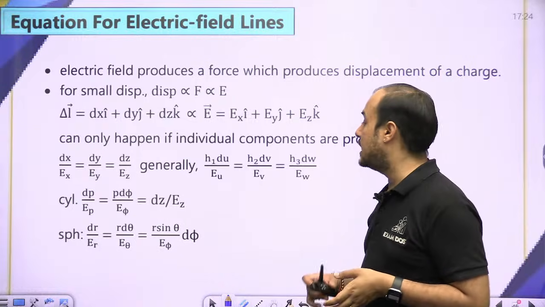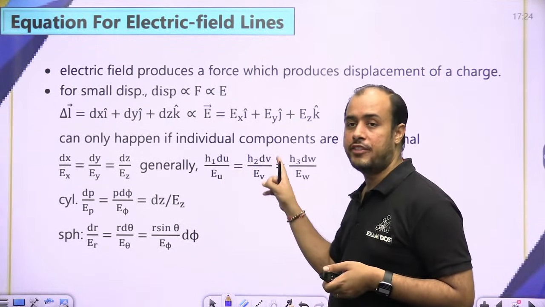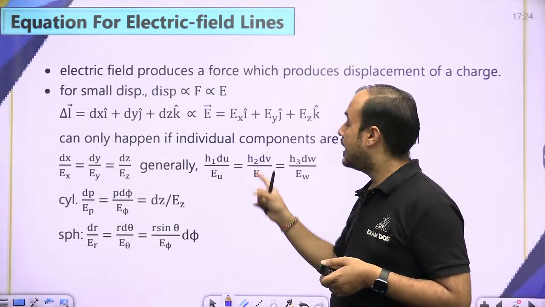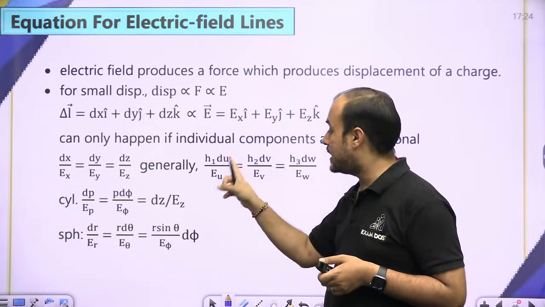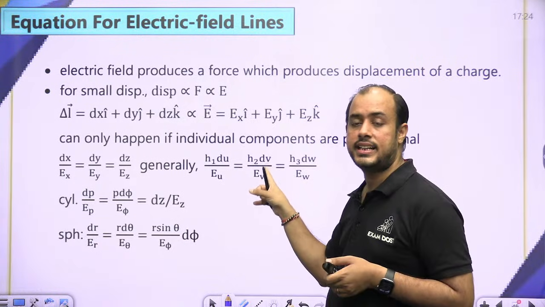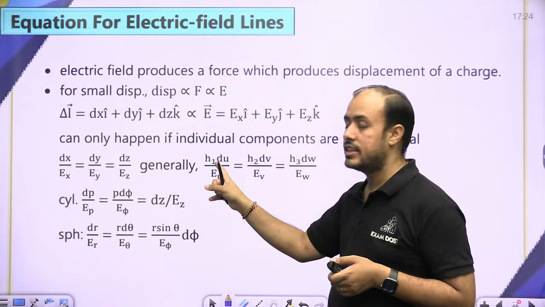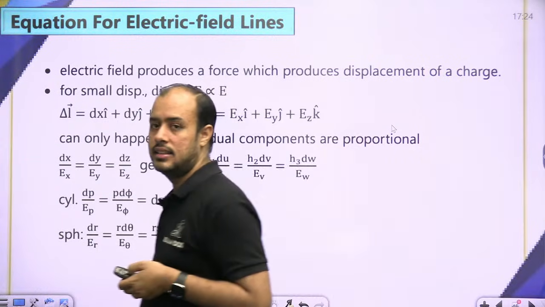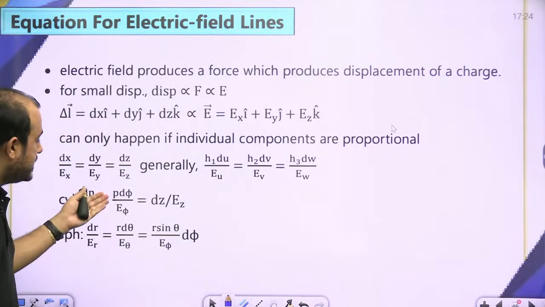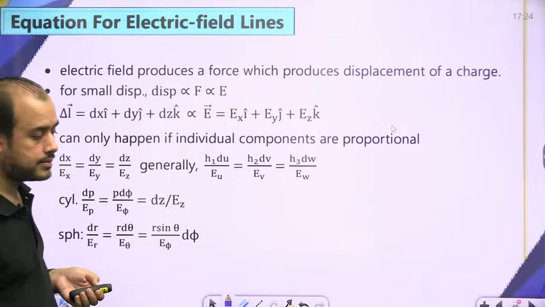Like in case of cylinder, u is rho, v is phi, w is z. H1 is 1, H2 is rho, H3 is 1. In spherical, u is R, v is theta, w is phi. H1 is 1, H2 is R, H3 is R sin theta. Like that. तो मैंने बता भी दिया, देखो spherical और cylindrical के अंदर.